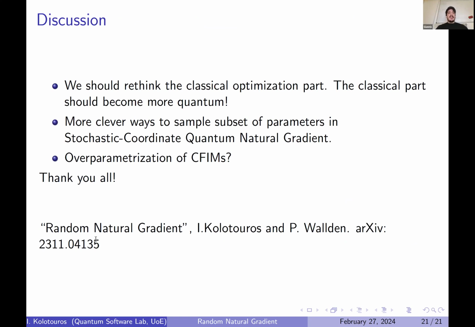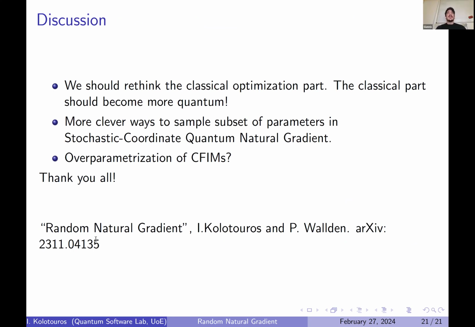Finally, the take-home message here is that we should actually rethink the classical optimization part in variational quantum algorithms. What we should do is make the classical part more quantum.